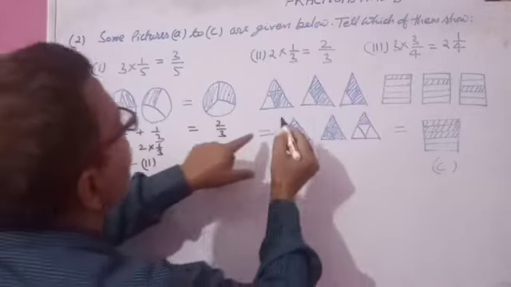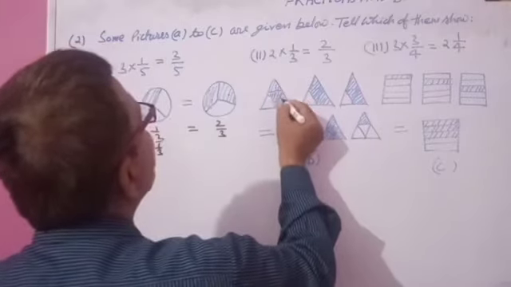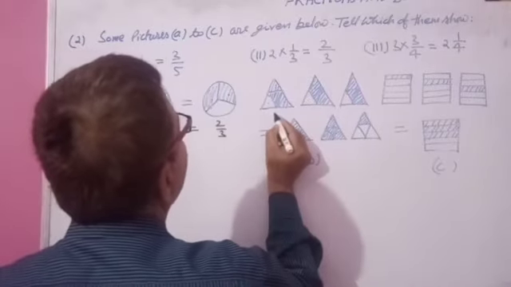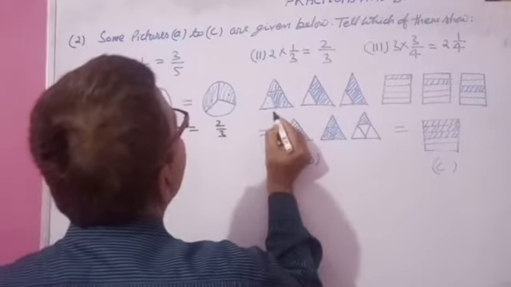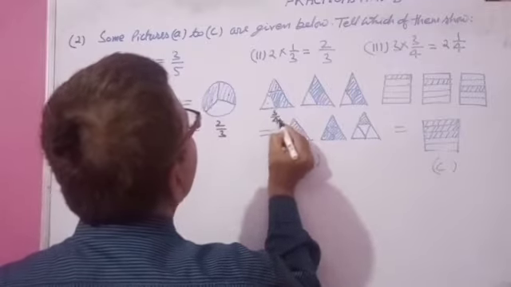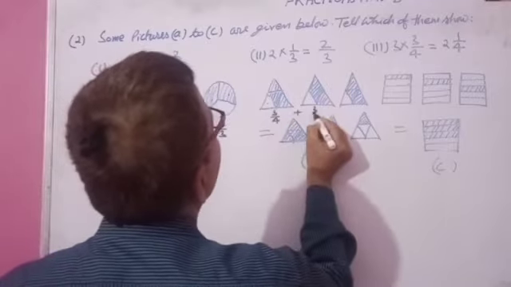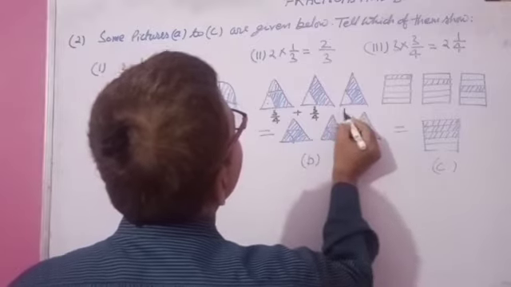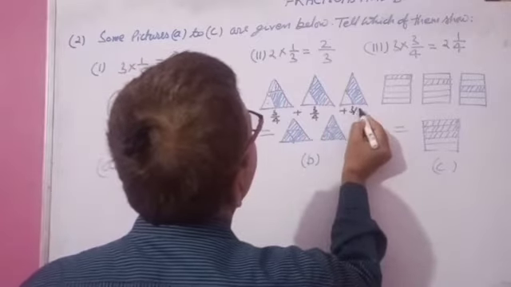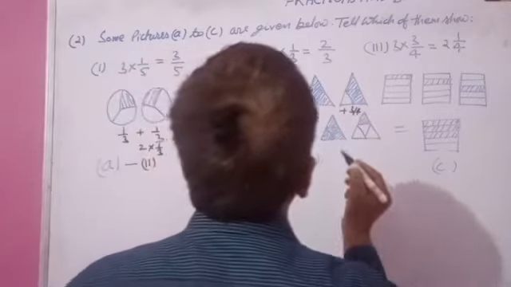And in this picture you are seeing 1, 2, 3, 4. Out of 4 parts, 3 parts are shaded. 3 upon 4 plus 3 upon 4 plus 3 upon 4.